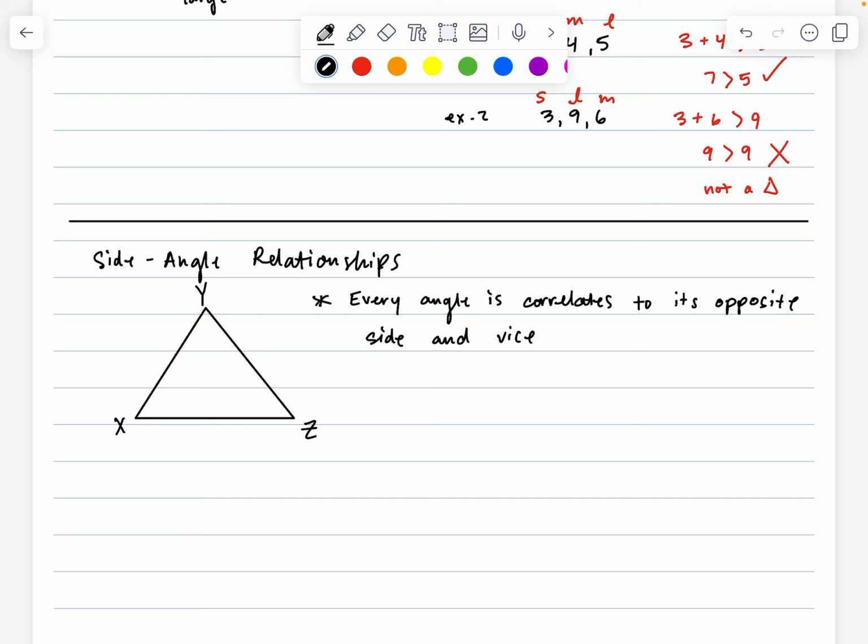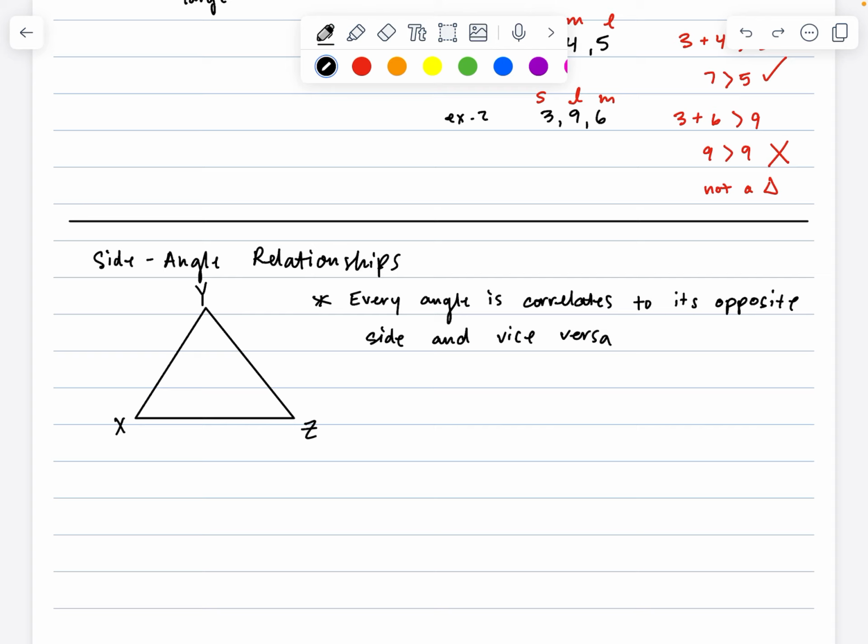What I mean by that is, let's talk about angle X. X directly correlates to its opposite side, which is YZ. And vice versa. If I'm talking about side YZ, it directly correlates to X. So those are paired off. That's how you always view it: the angle to its opposite side, or the side to its opposite angle.